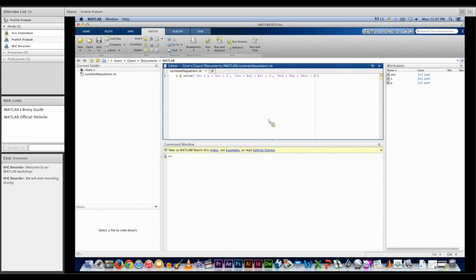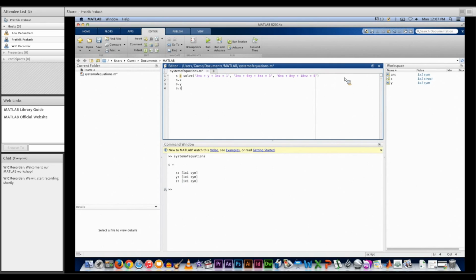So once you do that, what we get in the command window is a 1 cross 1 symbolic value. In case we want to display the symbolic value, we have to type s dot x. So that will give us solutions.